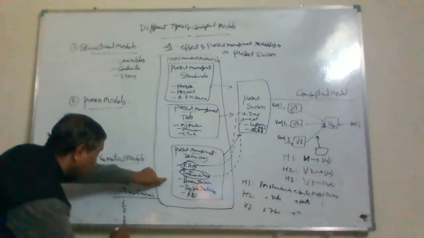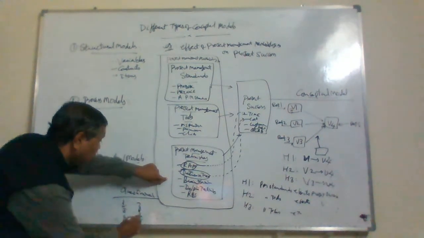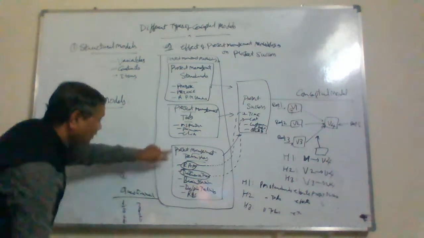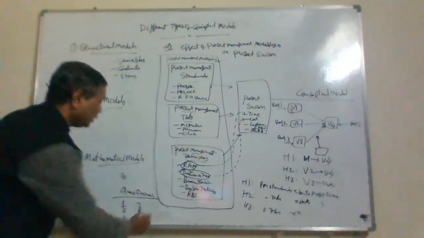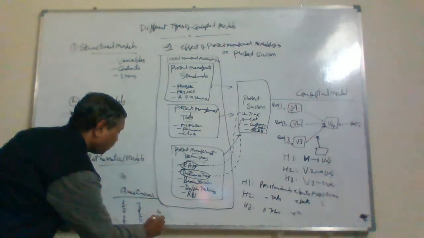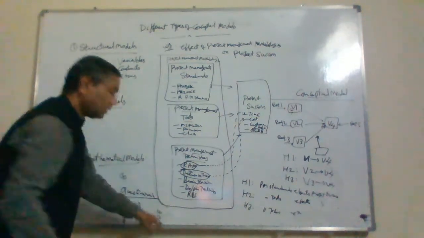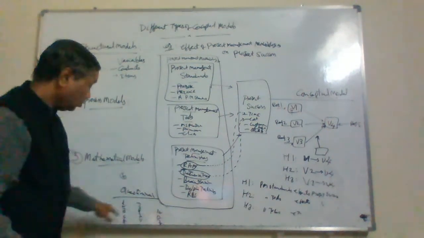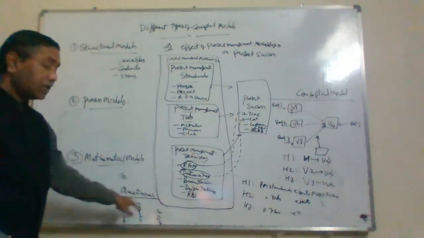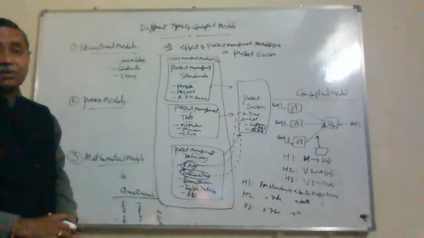Next 5 items, 7, 8, 9, 10, 11, from the project management techniques. Next another four items, 12, 13, 14, 15, from the project success. We are measuring project success also. A total 15 item questionnaire can be constructed from this structural conceptual model.